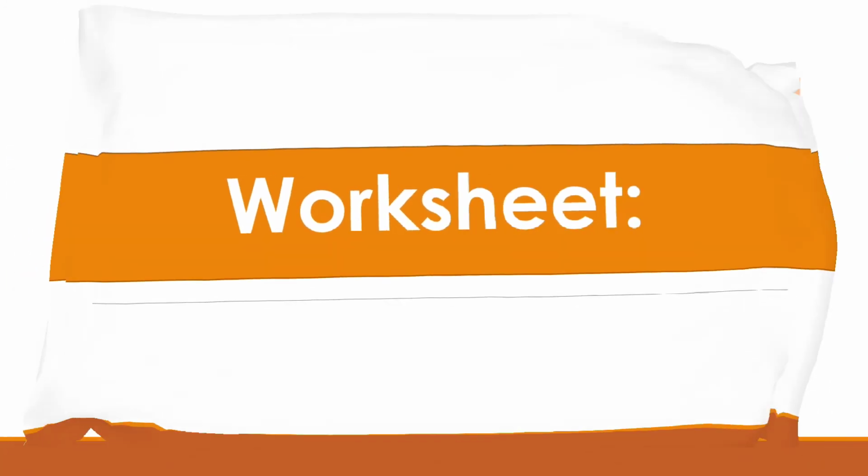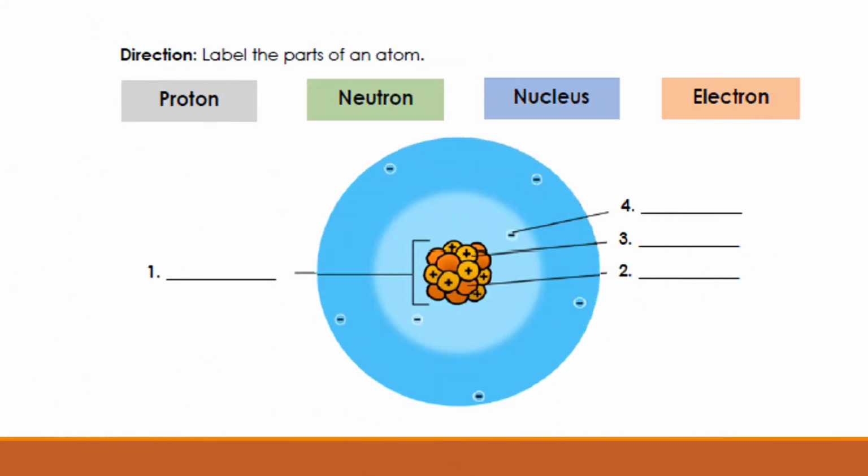This would be your worksheet for today. For the first part, I want you to label the parts of an atom. Number 1, what do you call the center of an atom?